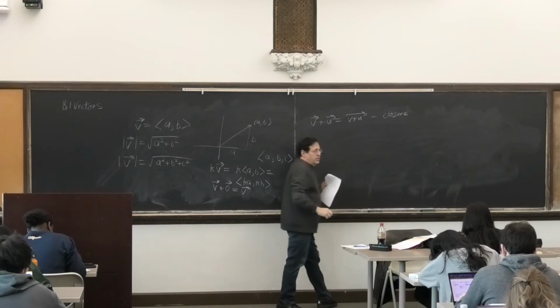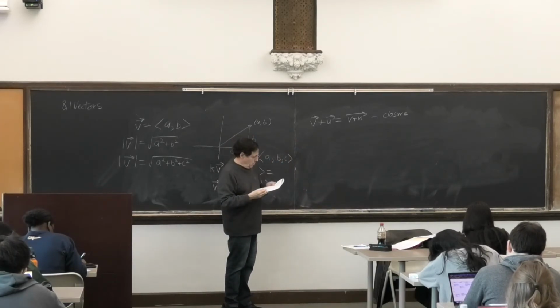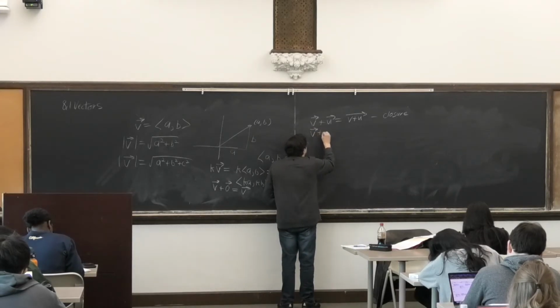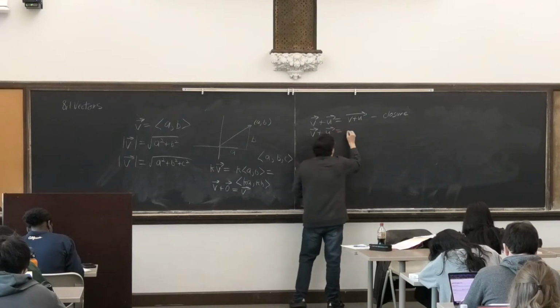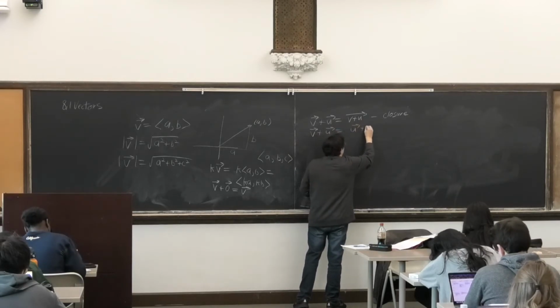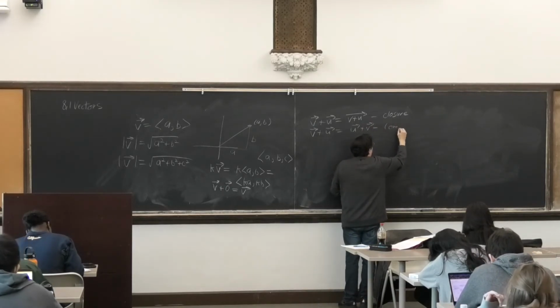Think of numbers. You can take any two numbers, you can add them, you get a number. v plus u is equal to u plus v. So we have the commutative property.